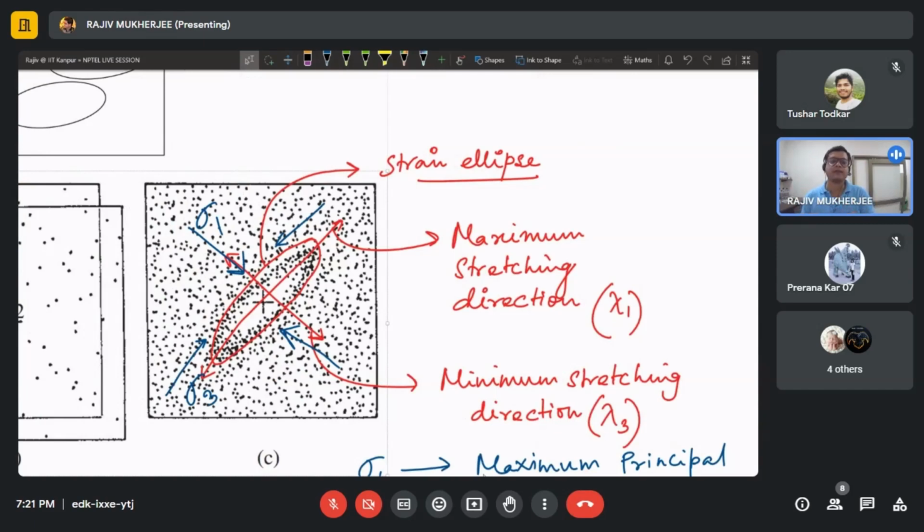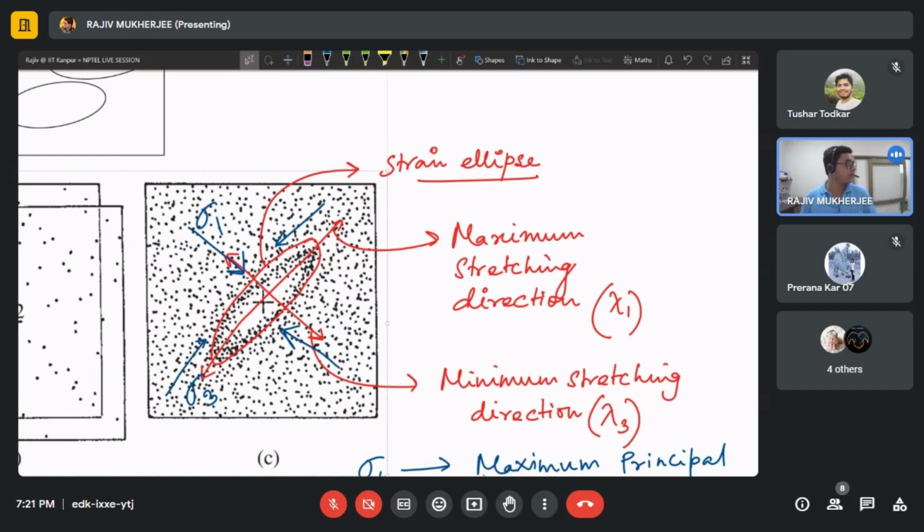And eventually the main beauty of this method is that this anti-cluster, this void space, the elliptical shape of this void space is actually the principal strain ellipse of that particular area.